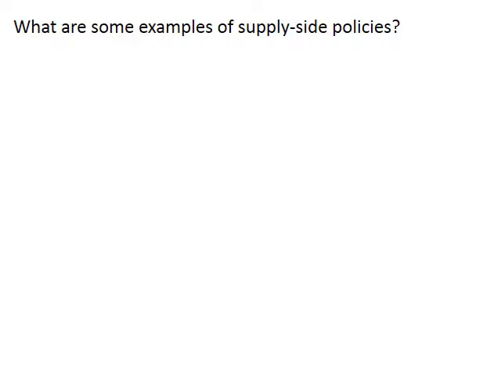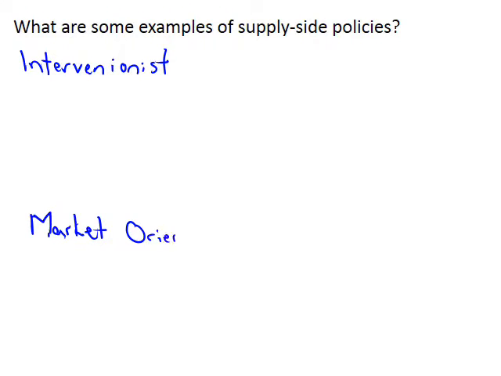So what are some examples of supply-side policies? Well, I'll remind you that there's interventionist, and there's market-oriented. I'll just list a few, but you can list some more. So interventionist, the government's actually getting involved in the process.